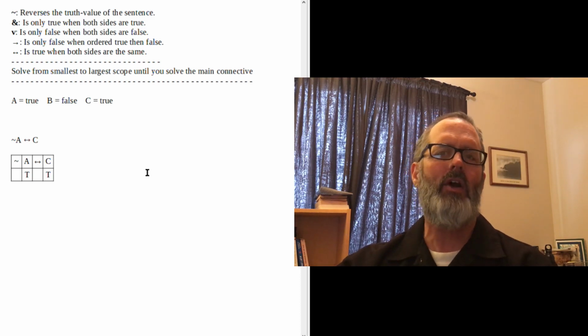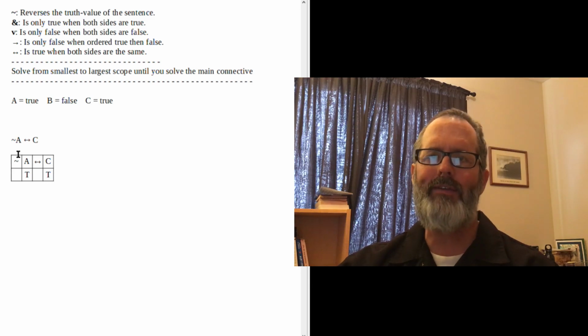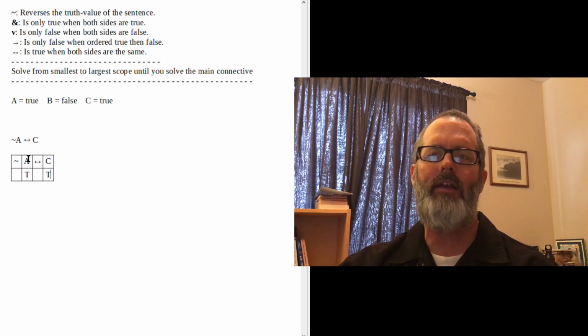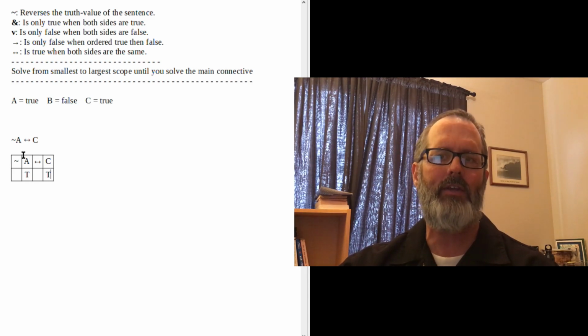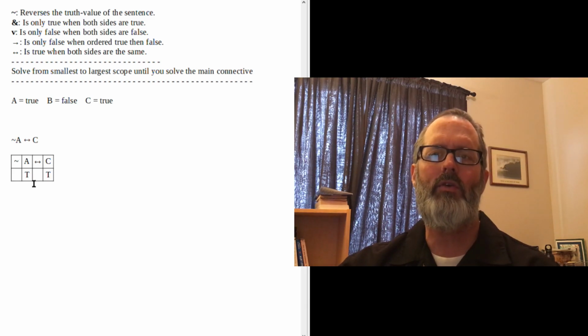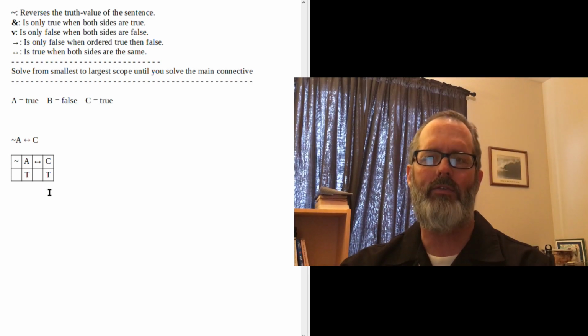The smallest scope will be this negation. Do you see it? Its scope only affects A. If it was outside parentheses, then it would affect the sentence, but it's inside. It's just connected to A. So what effect does a negation have? A negation simply reverses the value of the sentence to its right. A is true, so not A is false.